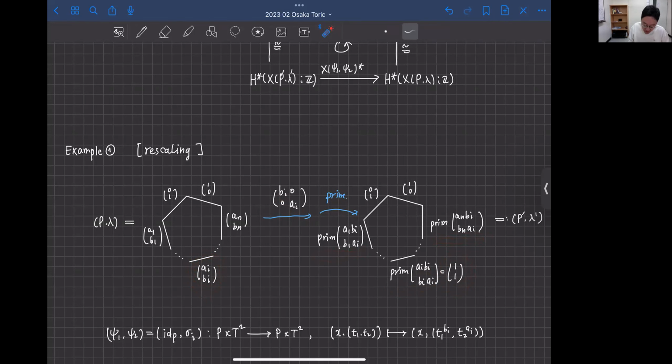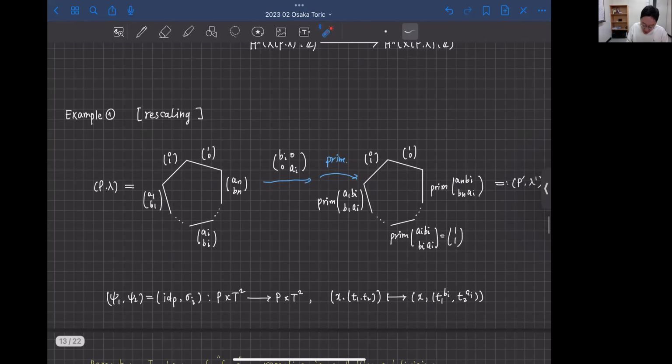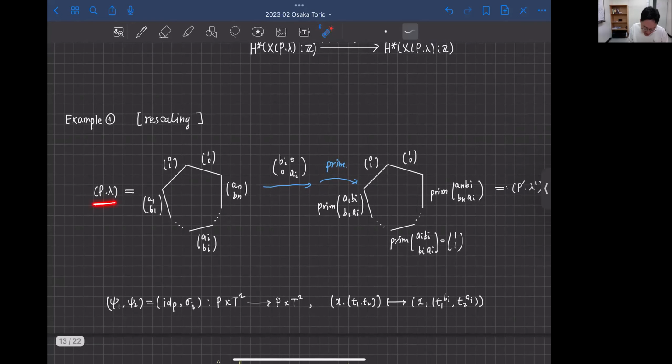So now I have P lambda and P prime lambda prime, right? With respect to these two characteristic pairs, I can think of a compatible pair psi1 and psi2, given by the first map being the identity on the polygon, and the sigma i given by this matrix.